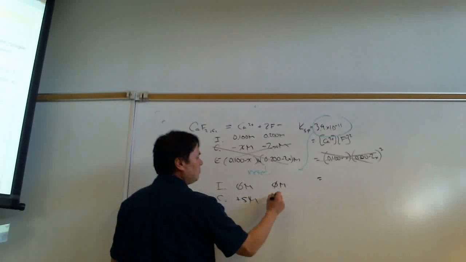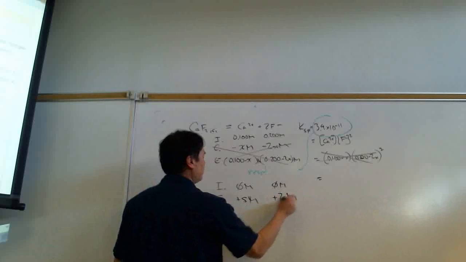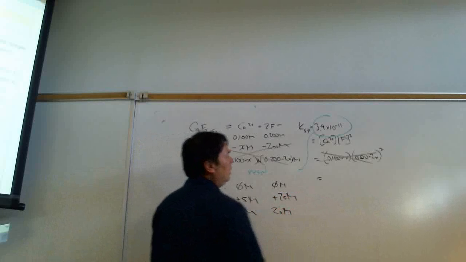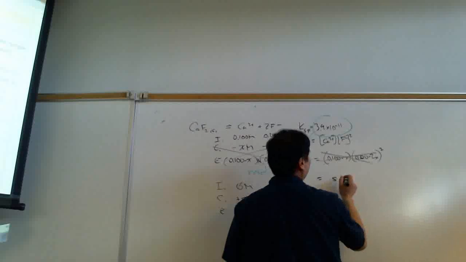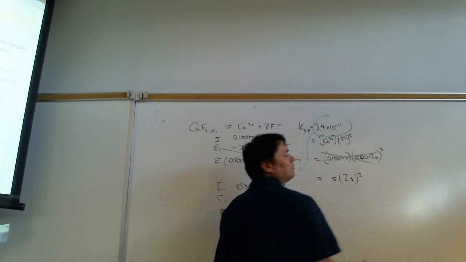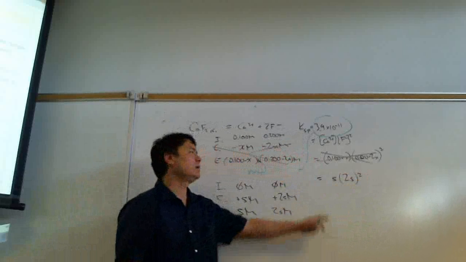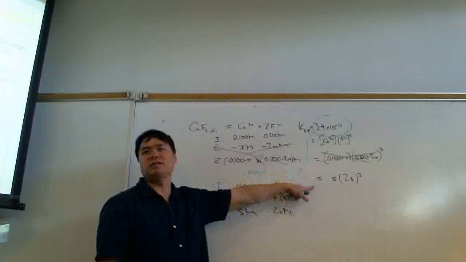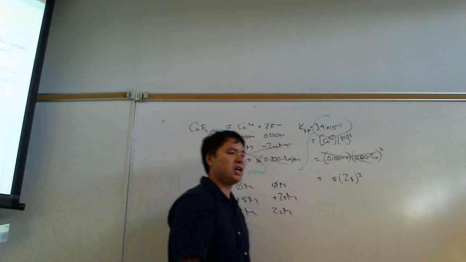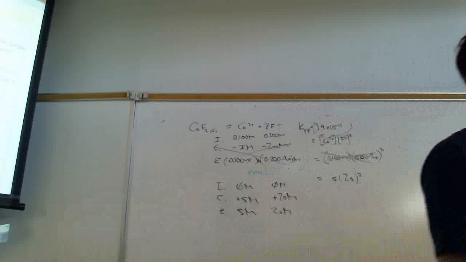All right, then the change is going to be plus S or plus X? Plus S. And plus 2S. And so at equilibrium, I'm going to have S molar and 2S molar. And so here, this is just going to be S times 2S squared. Wow, what a difference in math. Just by resetting it, look at how much easier it is to solve. And so in this chapter, what do you think you're going to be doing a lot of?